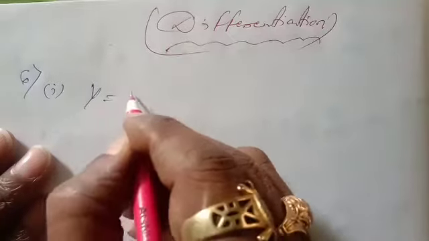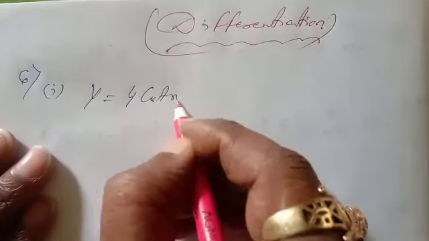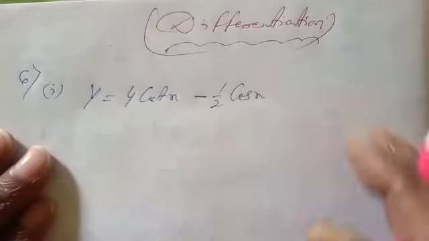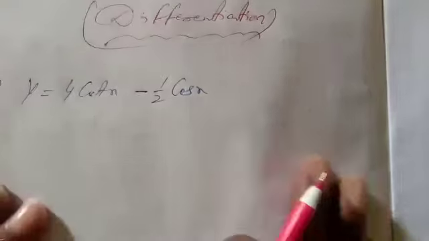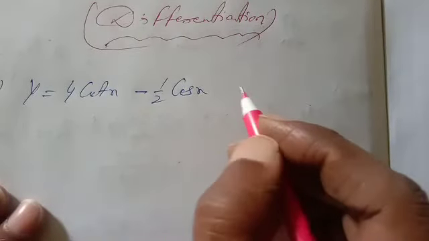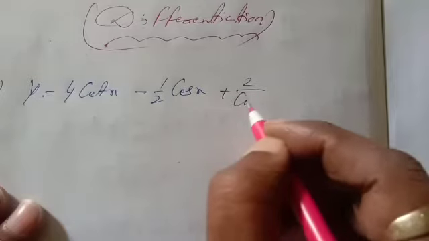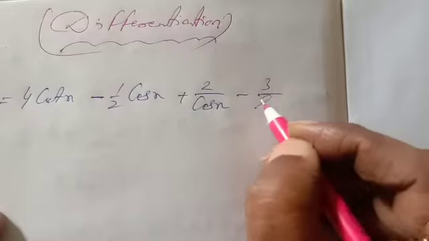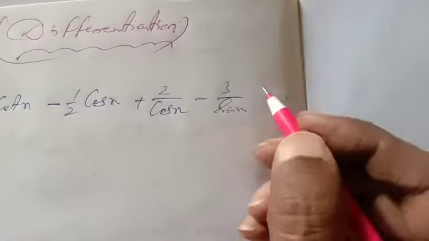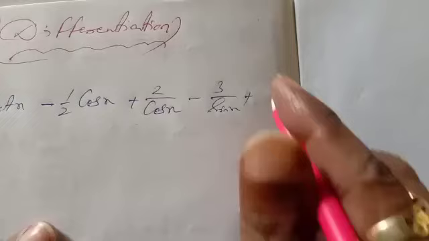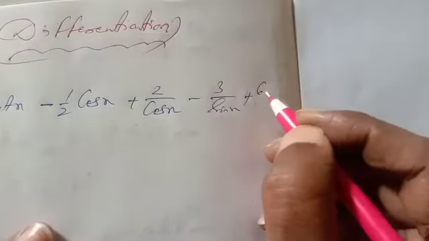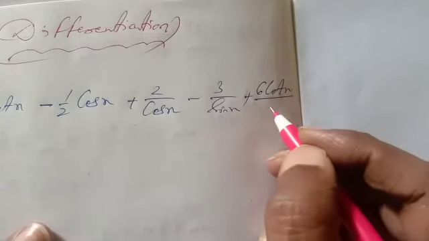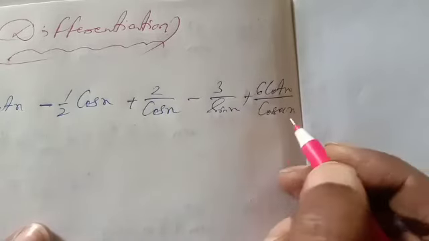Write y is equal to 4 cot x minus 1 by 2 cos x plus 2 by cos x minus 3 by sin x and plus 6 cot x by cosec x and plus 9.